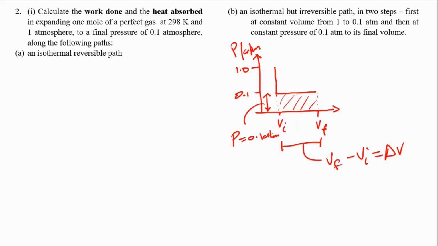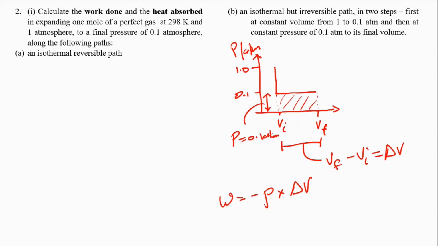So if we can calculate the area beneath that curve, then we can get the work. It is P times delta V. And since it's expansion, we know it's work done. Work is equal to minus P delta V.